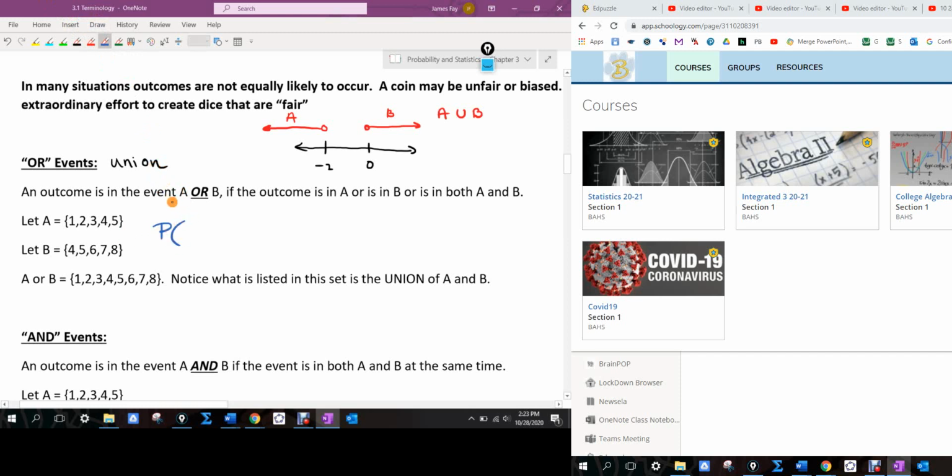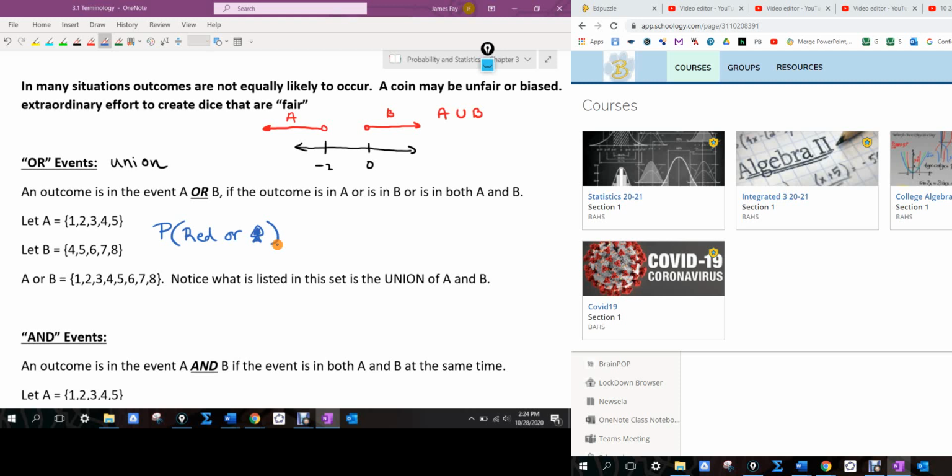If I ask you what's the probability of picking a red or a spade, you have to know that "or" means I'm doing all of the reds along with all of the spades, so my likely outcomes that match my event, my numerator, my probability fraction, has got to be all of the reds along with all of the spades.